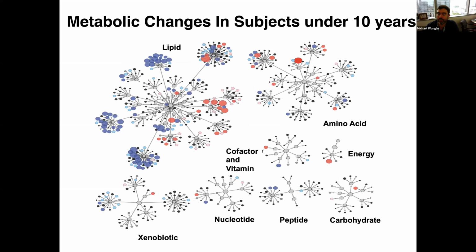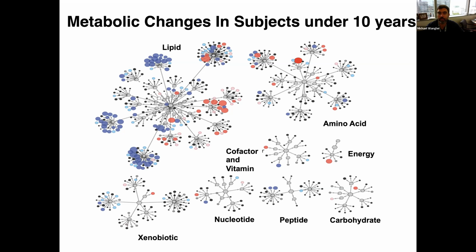To show that another way, you can see that again, the red is decreased, and the blue and purple represent increases. If we look at the individuals who are under 10, we can see a lot of different parts of our biochemical tree that all sort of light up with increases and decreases.